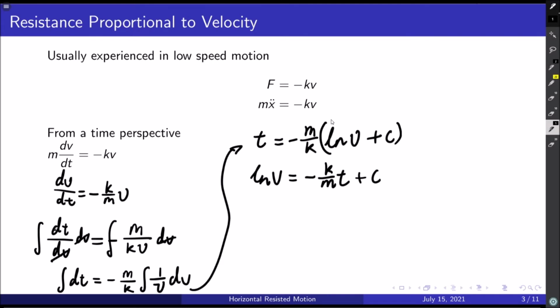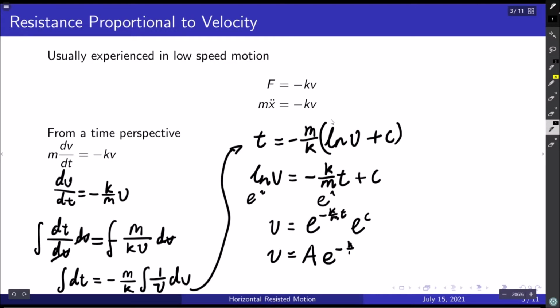Then we raise both sides to the power of e. So we end up with v equals e to the power of minus k over m t, times e to the c. So it's basically in the form of a e to the minus k over m t. As I mentioned earlier, it has to be an exponential function, and indeed it is. Now, what is a?